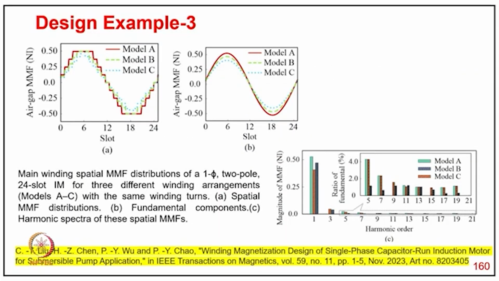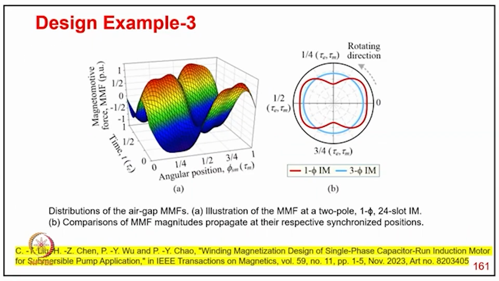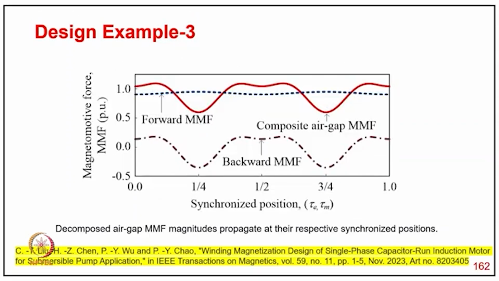And you can see how the main winding special MMF is for a single phase 2 pole 24 slot and 3 winding arrangement, models A and C, with the same winding turns, the MMF distribution, fundamental component and harmonics of these, like for models 1, 2, 3. And this is the distribution of air gap MMF, an illustration of the MMF of a 2 pole single phase 24 slot, with comparison of MMF percentage at their respective synchronized speed.